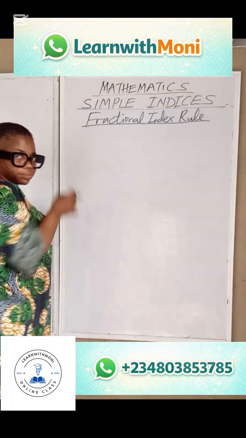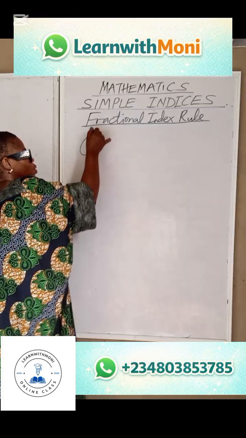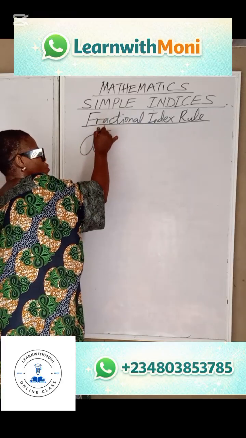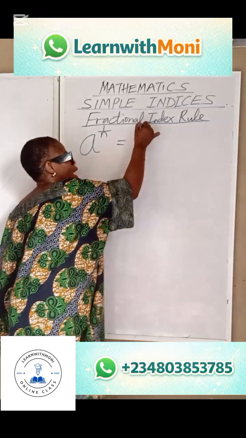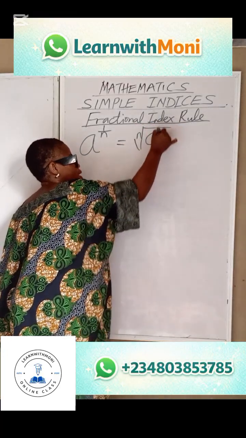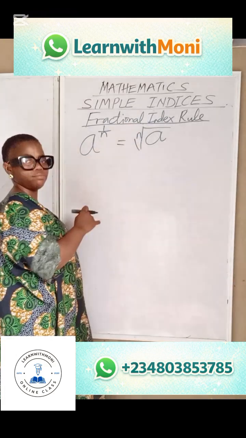Fractional index rule says that when I have a raised power 1 over n, it means what I have is the nth root of a.